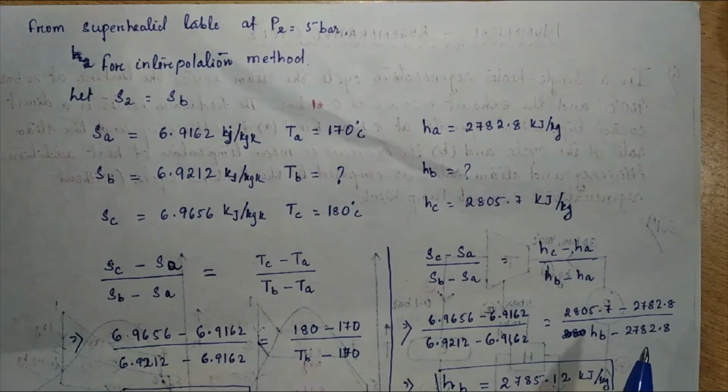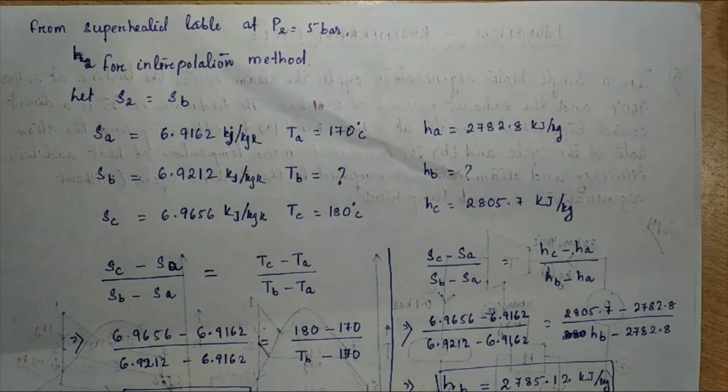So see, as we proved that state 2 lies in the superheated region, we have to follow the superheated table for the value of enthalpy. For the value of enthalpy, we have to consider the 5 bar pressure page of the superheated table. But for this 5 bar pressure, what is its corresponding temperature?